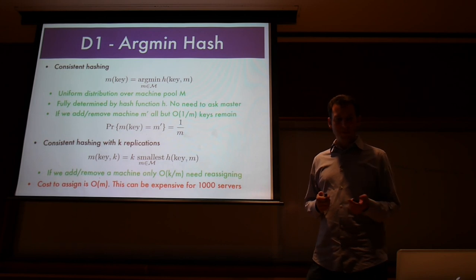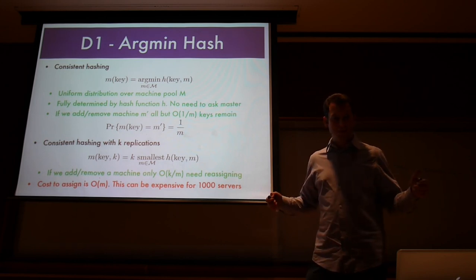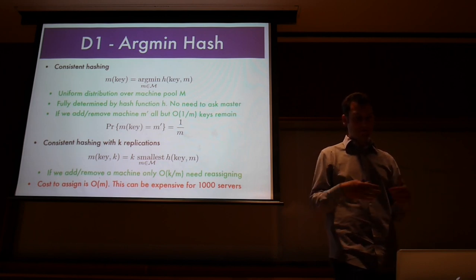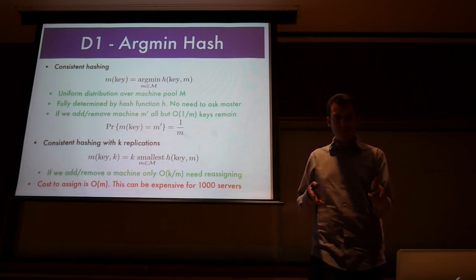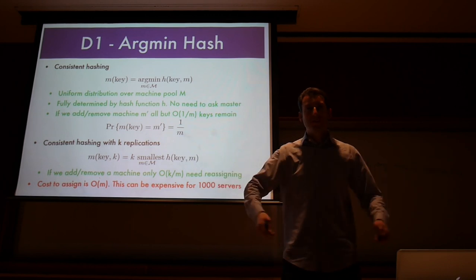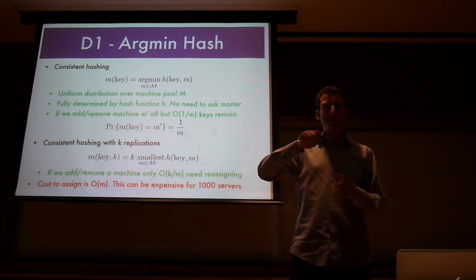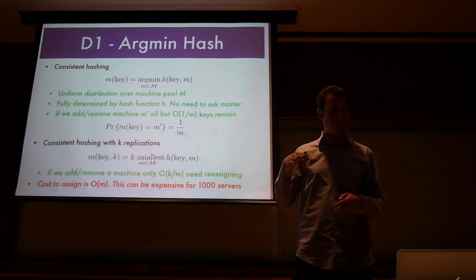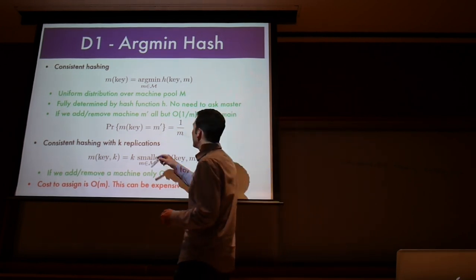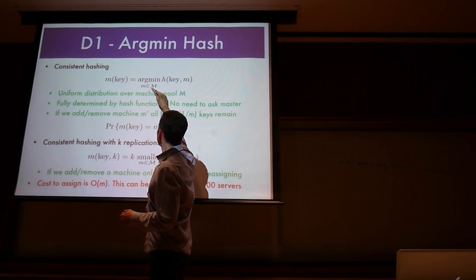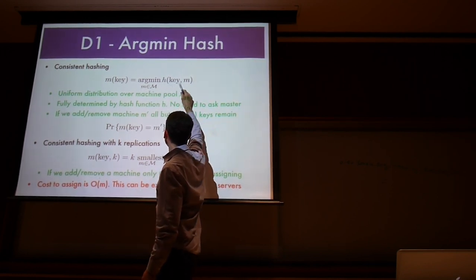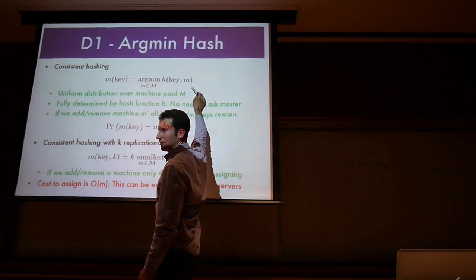So let's say I want to make sure that I get a uniform distribution over the machine pool. So if I have m machines, for any key, the probability that that key ends up at a specific machine should be 1 over the size of the machine pool. Now I'm achieving this by picking, among all the machines from the machine pool, the machine for which the hash of the key and the machine ID is the smallest.